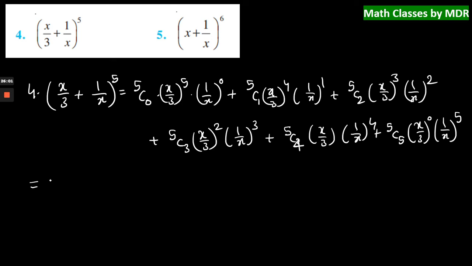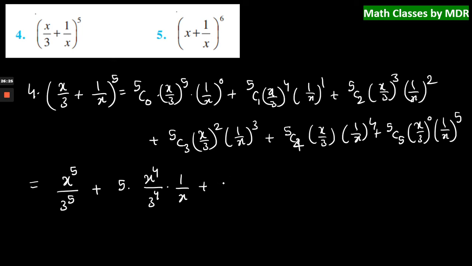5c0 is nothing but 1, and 1 by x whole to the power 0 is 1, and x by 3 whole to the power 5 is left with us, that is x to the power 5 by 3 to the power 5, plus 5c1. 5c1 is nothing but 5 into x to the power 4 by 3 to the power 4 into 1 by x, plus the third term 5c2. 5c2 we have seen, right?